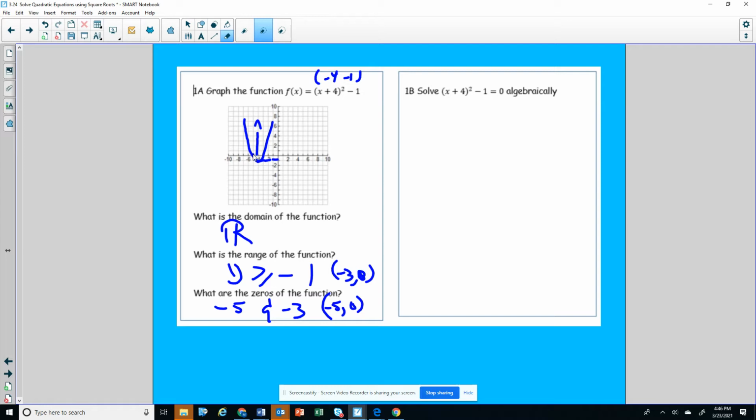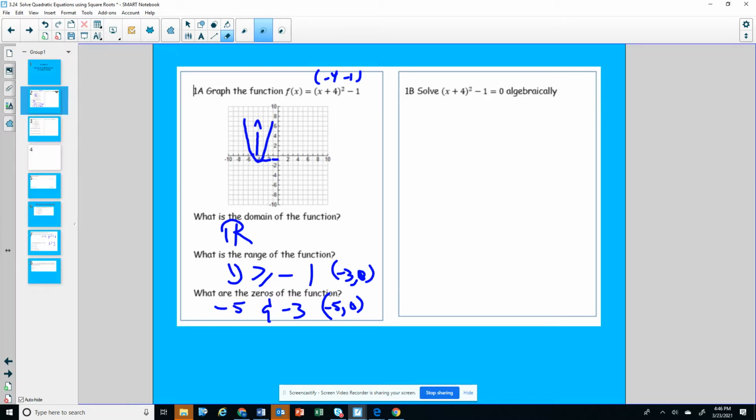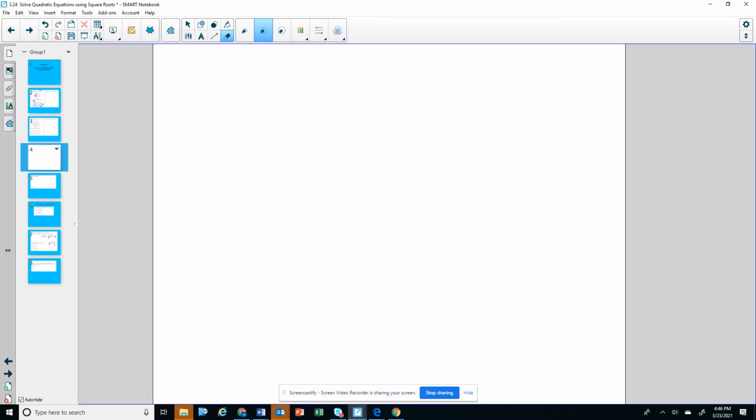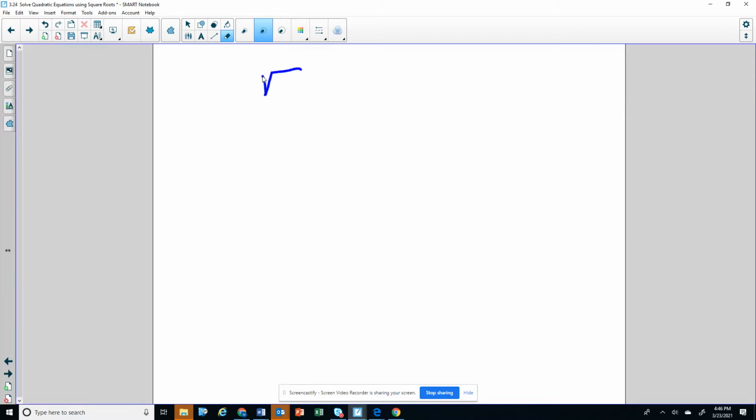Now let's solve this algebraically. To do that, I'm going to back up for a second and just look at the square root of numbers. Now, in the past, when we took the square root of a number, say the square root of 4, we always got the answer as positive 2. But in reality, there are two answers to the square root of 4. There is a positive 2 and also a -2.